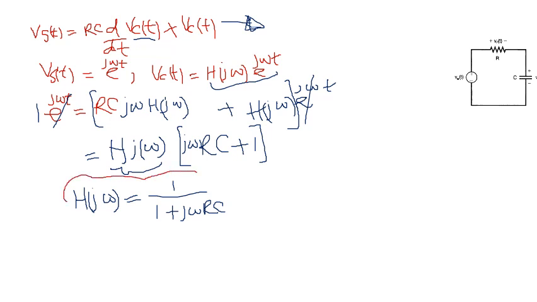So if you recall the previous lecture, we were given the impulse response, and using the impulse response we found the frequency response, which is exactly this one, right? Why? Because both are low pass filters. So when both are low pass filters, you get the same, right?